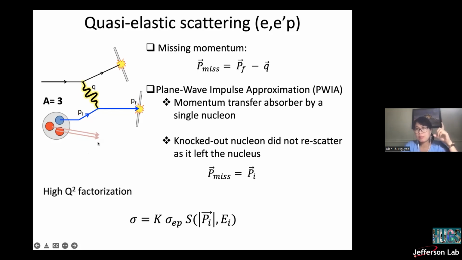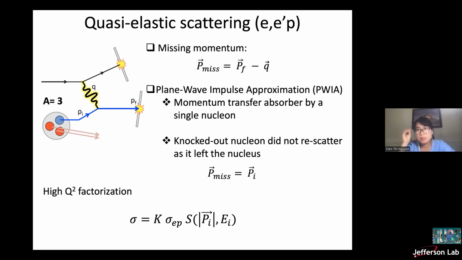Within this approximation, we can calculate the missing momentum from the Q vector and the final momentum vector. This missing momentum is approximately equal to the initial momentum of the nucleon in the knockout reaction. We need the initial momentum of the nucleon in order to understand the motion of the nucleon inside the nucleus.